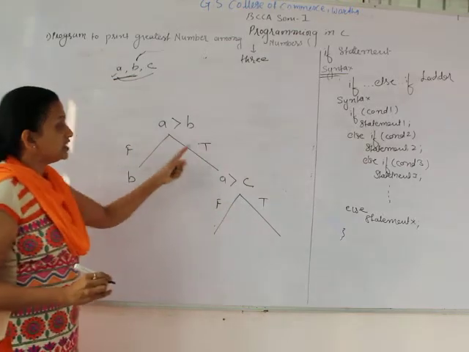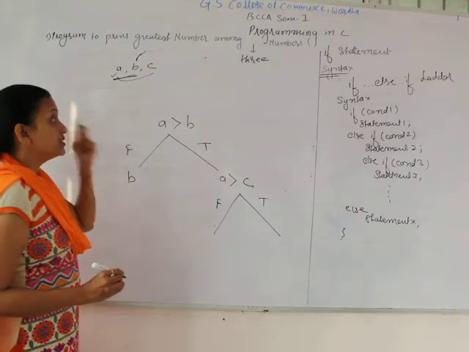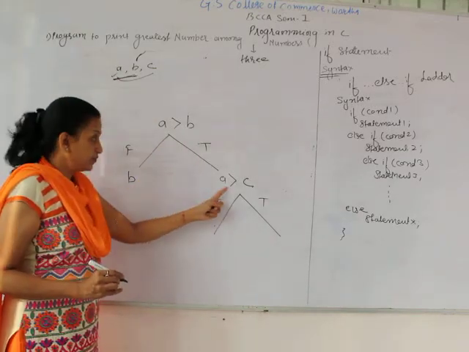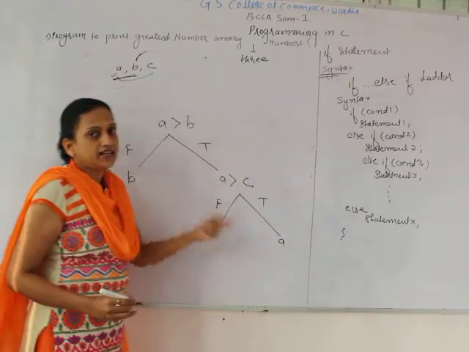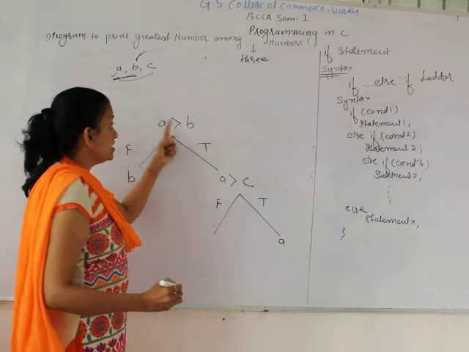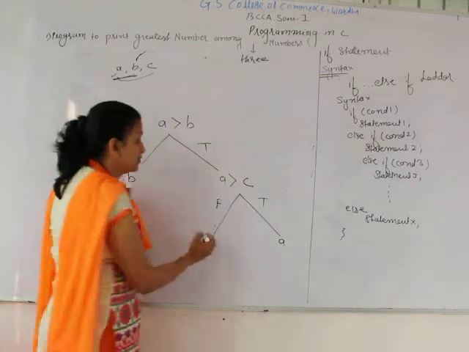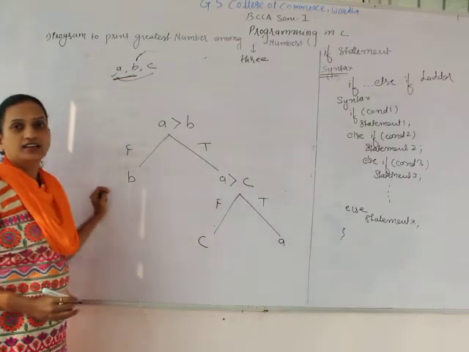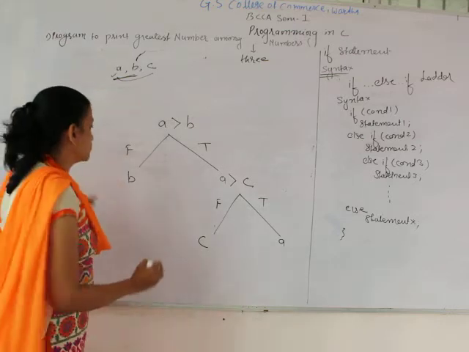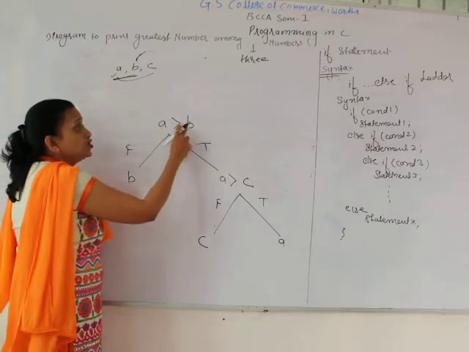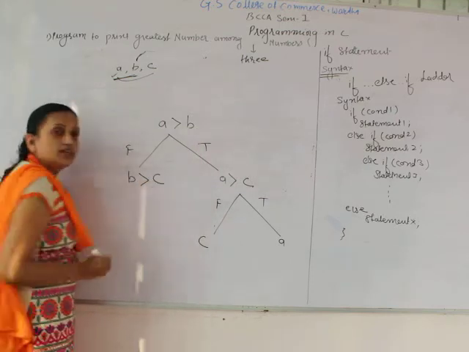If the condition is true, means A is greater than B and A is greater than C, then who is greatest? A is greatest, obviously. If A is greater than B, but A is not greater than C, then who is greater? C is greater. I hope you understand these conditions. Now if A is not greater than B, then who is greater? B. Then compare this B with C.